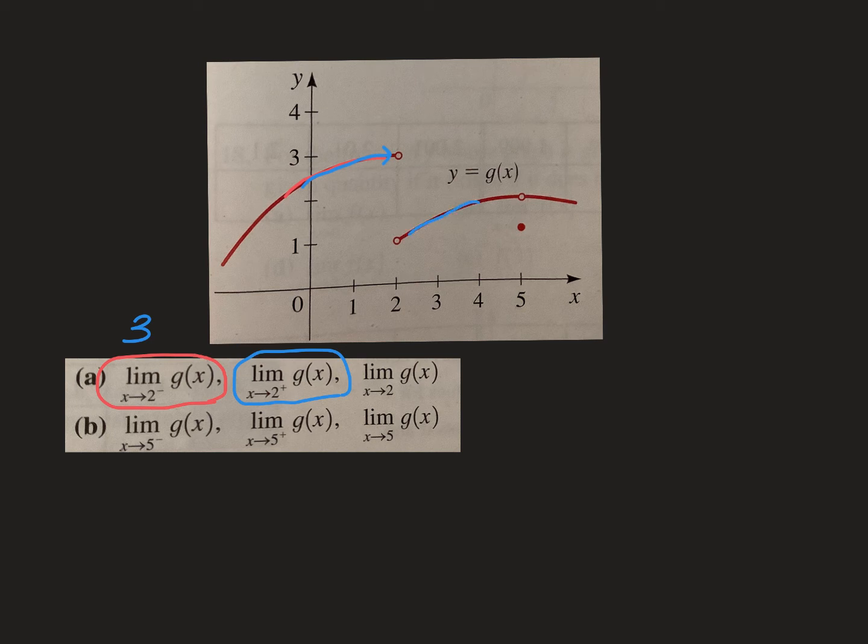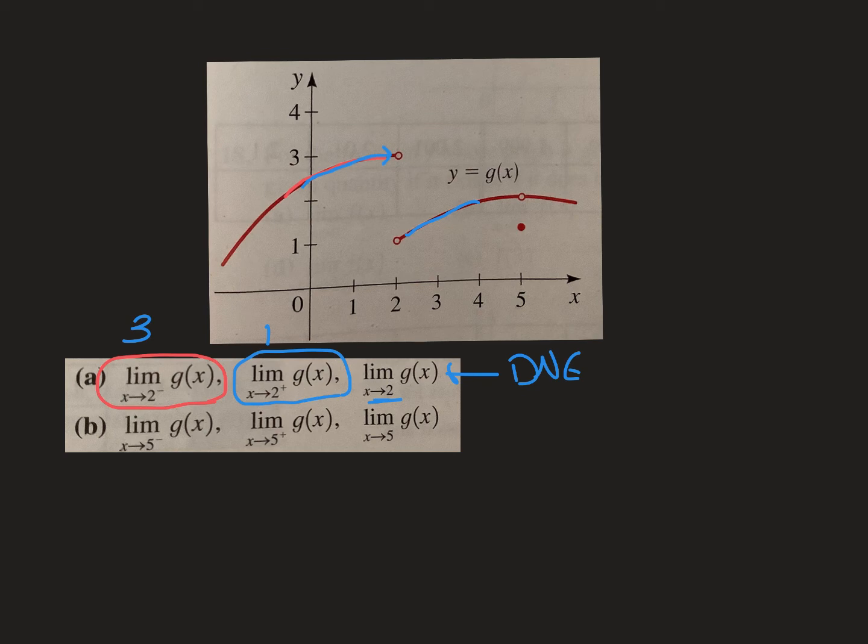So here I'm getting closer and closer to 2 from the right, and I'm getting closer to 1. Now because those numbers are different, the limit as x approaches 2 does not exist, because you get two different values. Remember, for a limit to exist as x is approaching a number, you must be approaching the same number from both sides.